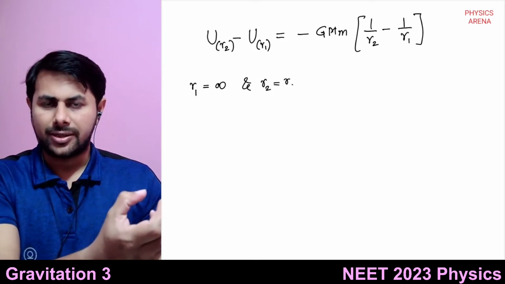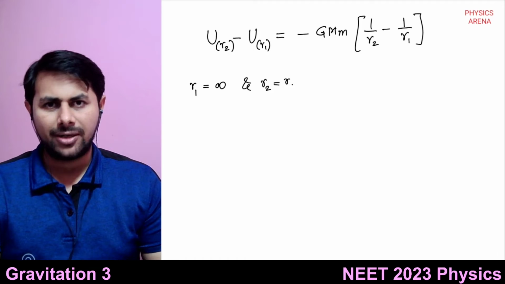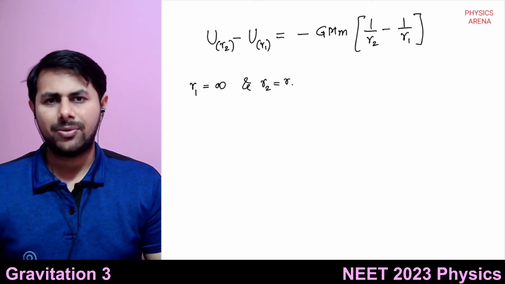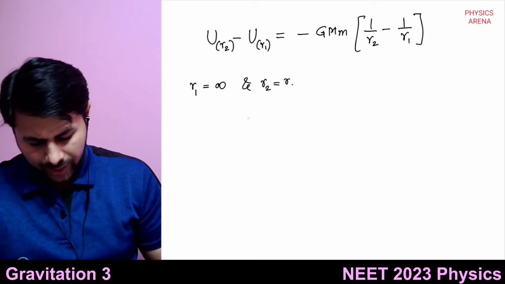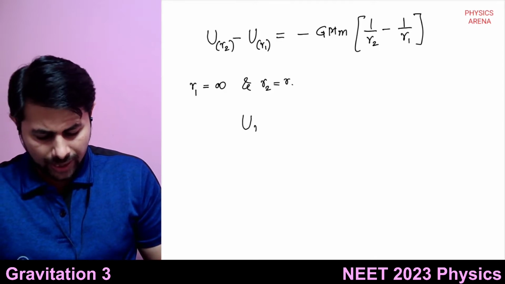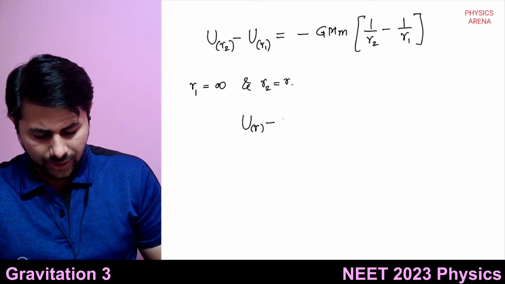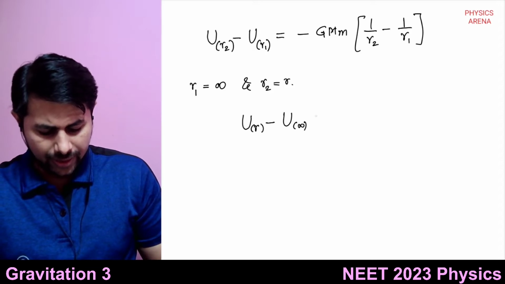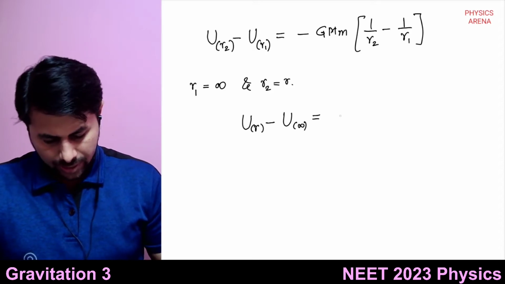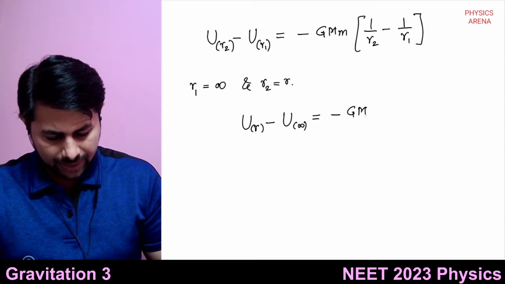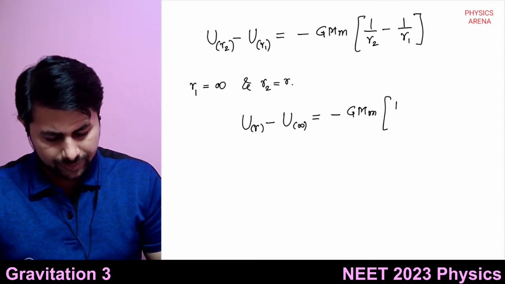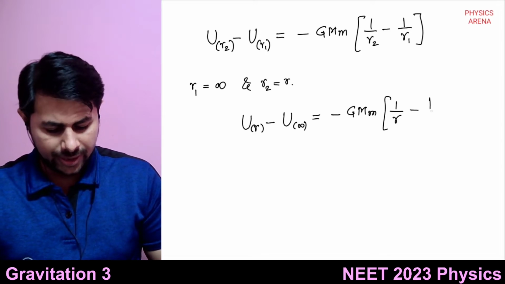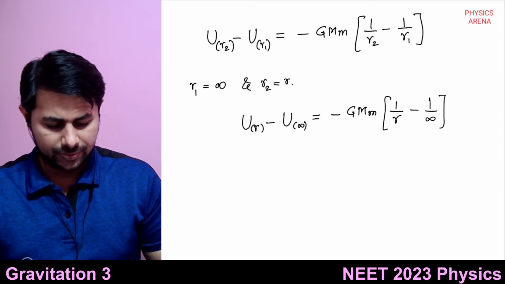Then you are bringing the object from infinity and keeping it at distance r away from the center of earth, right? So we have U(r) minus U(infinity) is equal to minus G times M into m multiplied by 1/r minus 1/(initial position), and the initial position is infinity.